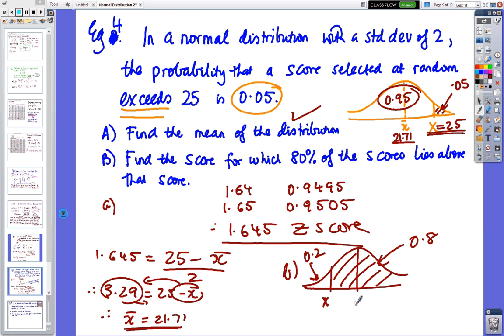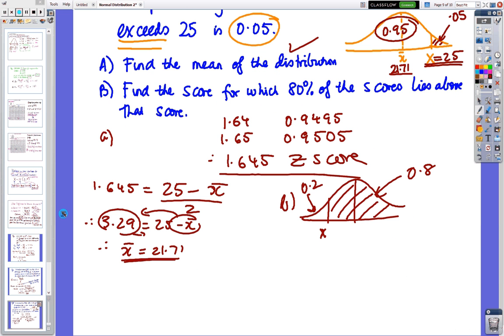Okay, so what we look at is what the Z-score is. So for 0.2, the closest number is negative 0.84.